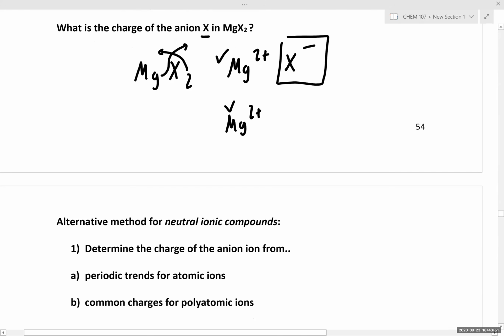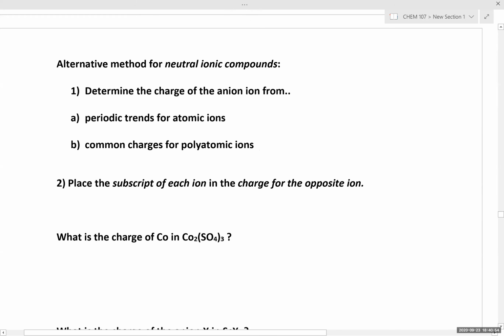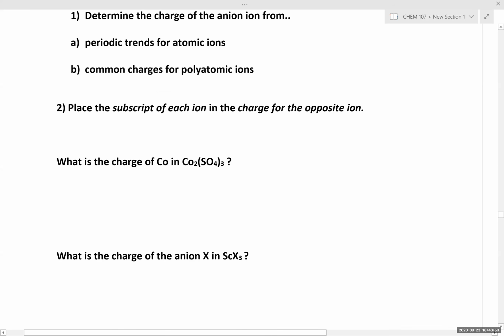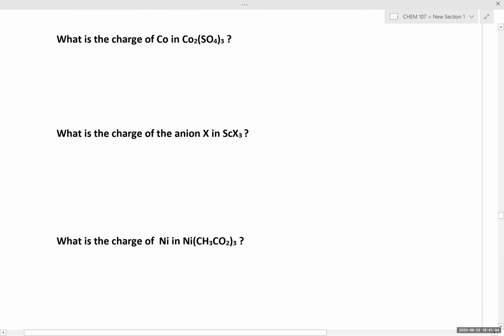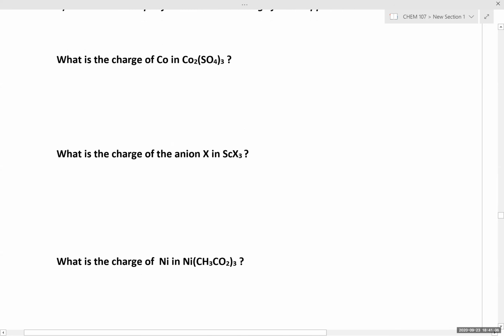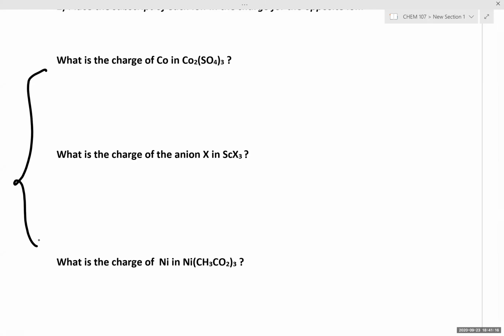Okay. So we've already talked about the reverse crossing method, and let's try to assign the charge of each of our cations and anions in the next 3 examples. The reason why we're doing so much practice on this specific type of problem is because identifying the charge is not only important for naming compounds, but it'll be important when we start writing out equations.